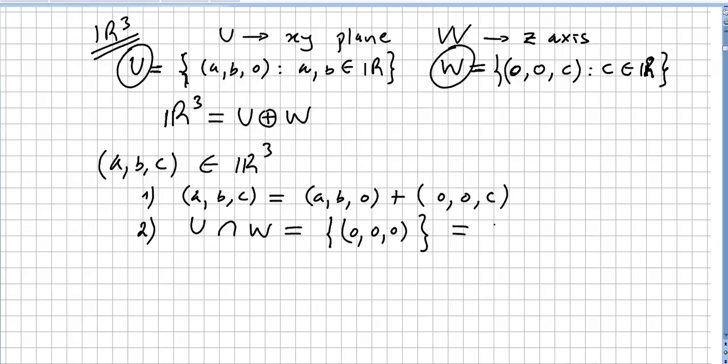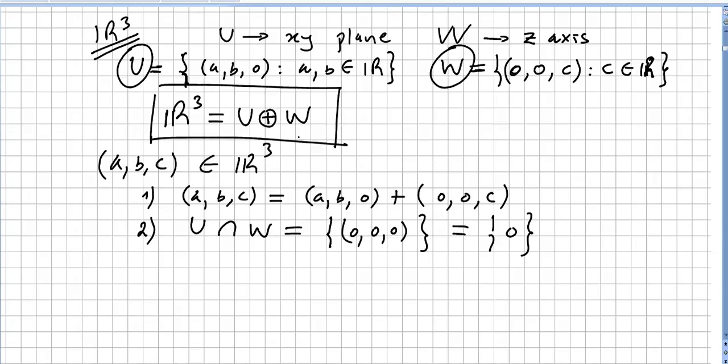Right? So the intersection is only 0. So we can say that R3 is a direct sum of subspaces U and W.